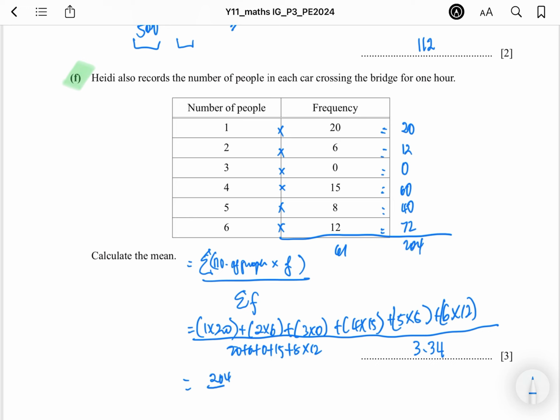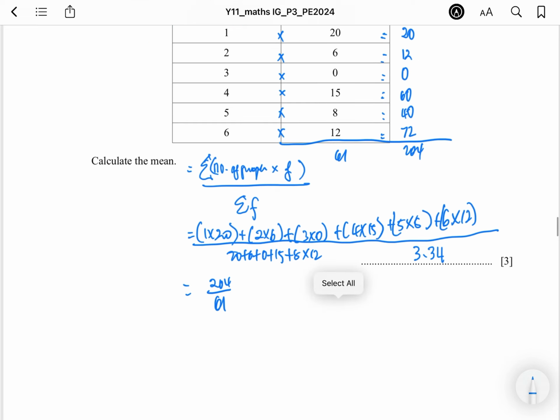So that's 204 over 61. You should get your answer 3.34426. Round it off to 3 significant figures and you got 3.34.